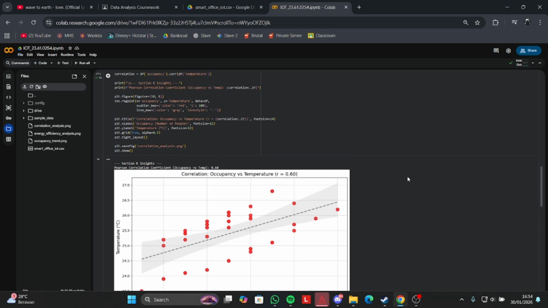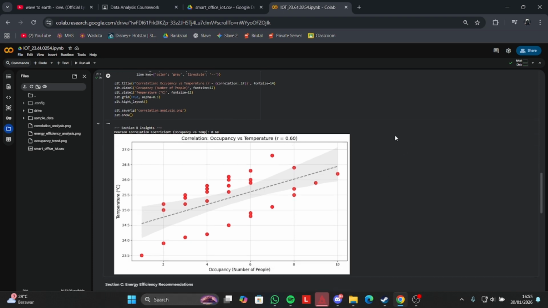The correlation analysis between room occupancy and temperature results in a Pearson coefficient of 0.60, indicating a moderate positive correlation. This statistical evidence confirms that as the number of people in the room increases, the temperature tends to rise.